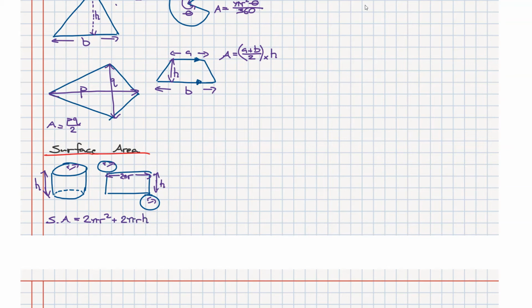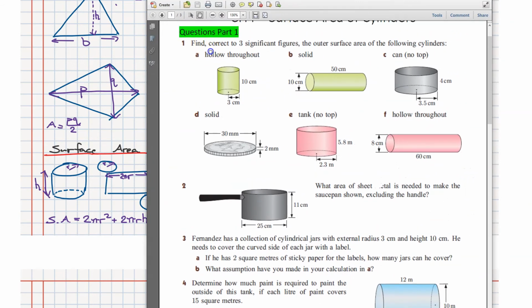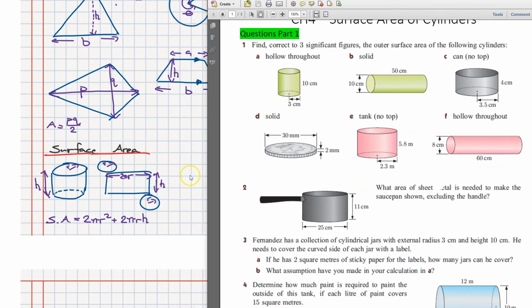Now again, you simply can't just use this formula as a blanket formula for all questions. You have to take into account the application of the question. So say for example, in question 1 here, it says the outer surface area of the following cylinders are hollow throughout. So there's no caps on this one. This one is completely solid, so in which case you could use this formula here directly.